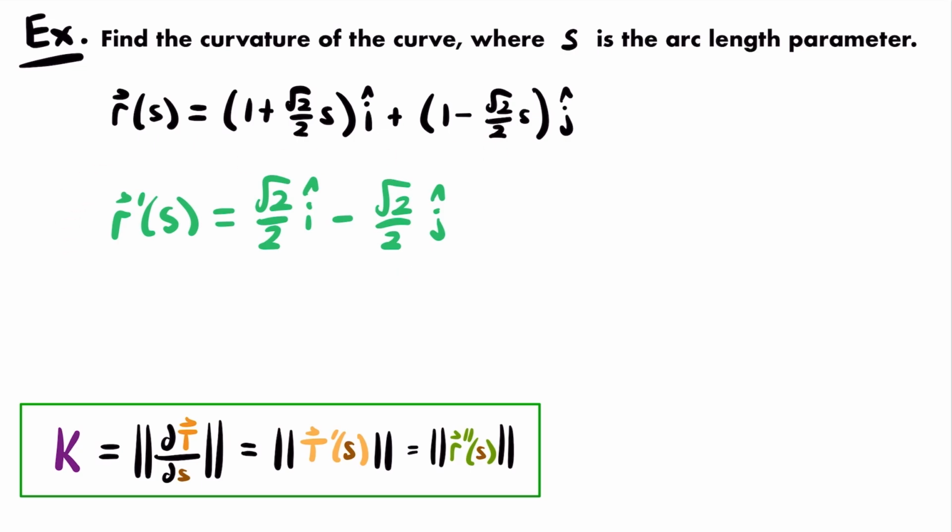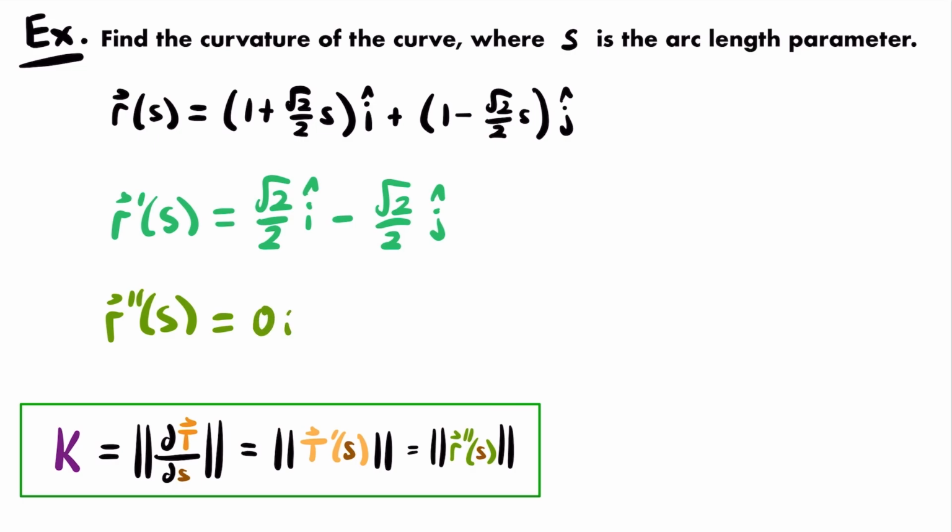Now let's find the second derivative, which is r double prime of s. That will be equal to the derivative of these two components, which are both constants, right? The square root of 2 divided by 2 and the negative square root of 2 divided by 2. Both of those components are constants, so both of their derivatives are 0.